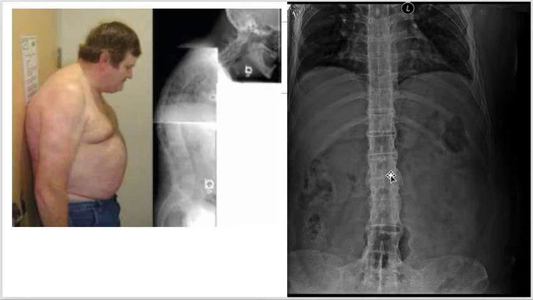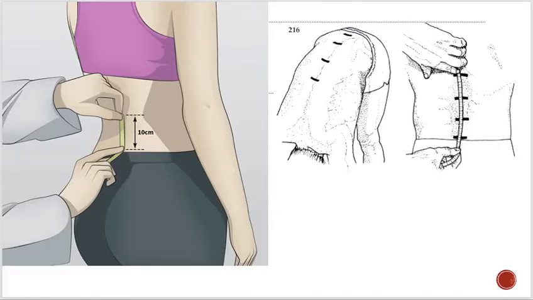Now, guys, one more test to remember is called the Schober test. Because their spine is fused, normally when you bend like this, you can do a lot of flexion simply. So what we do is put 3 marks.